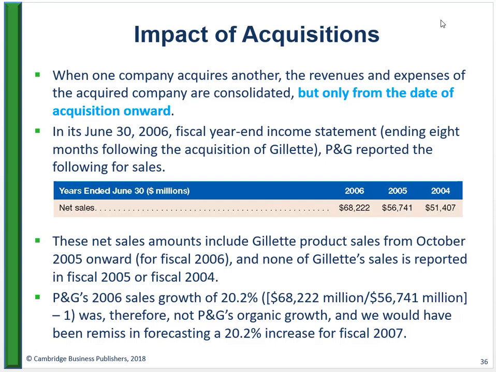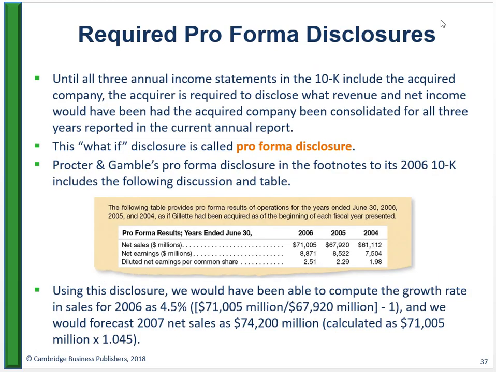On slide 36, we can see the impact of acquisitions. Remember from a prior module that the impact of acquisitions will always be presented in required pro forma disclosures, which are in the financials, in the 10K filing. You're going to be able to see how net sales and really the entire income statement has fluctuated.